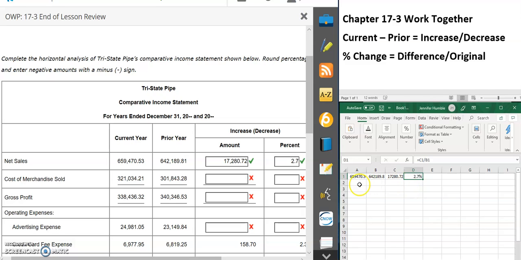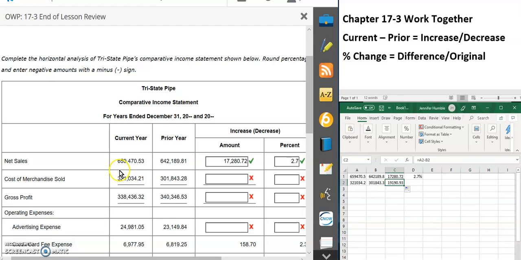For our second row, I'm going to do 321,034.21, and then 301,843.28. Your formula is going to be exactly the same, so you really could just copy down. But if you want to think about it and make sure it is positive, think: it was 301, now it's 321, the number went up.